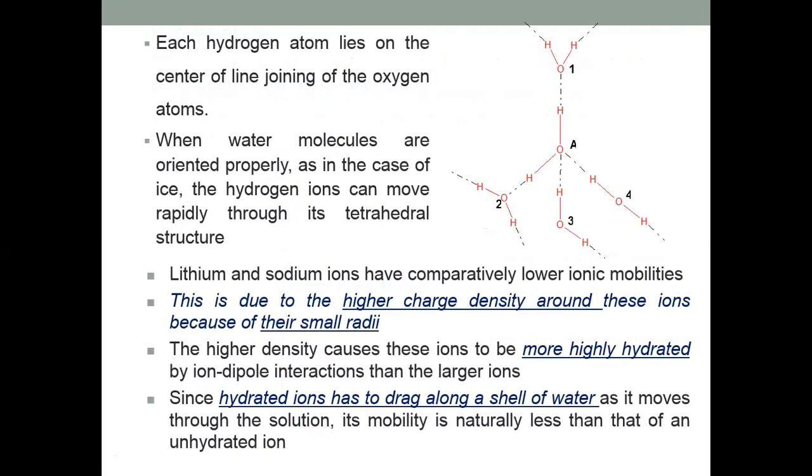And now, if we discuss what are different factors that will control this ionic mobility: size as well as charge. Right. Keeping that potential gradient as constant, size as well as charge will determine which ion will move faster, which ion will move slower.